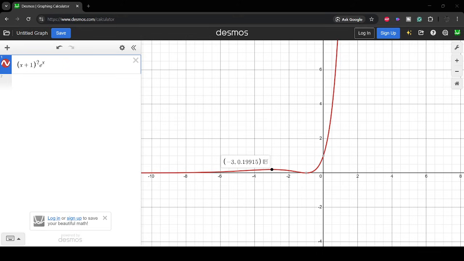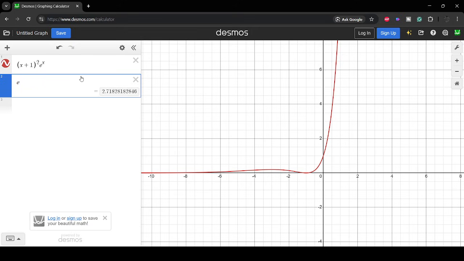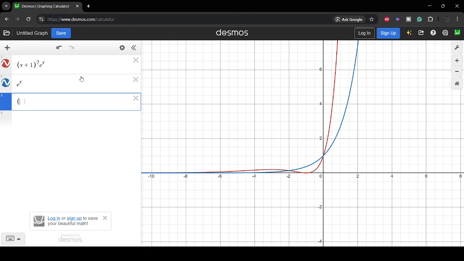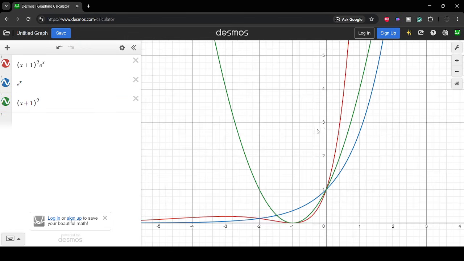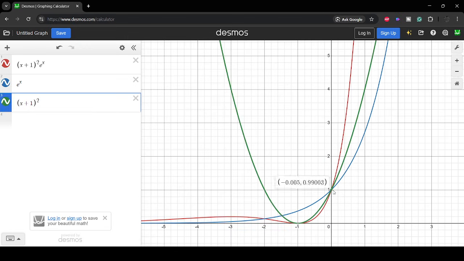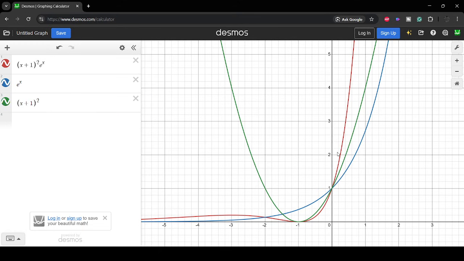Okay, my graph is not terribly far off. If I draw e to the x and x plus 1 squared, yes, this part of my graph was correct. Oh, no, no. This should have been corrected. I will correct this now. Okay, this is terrible.